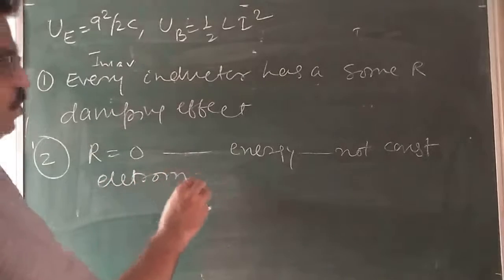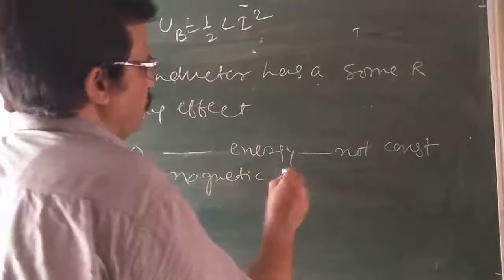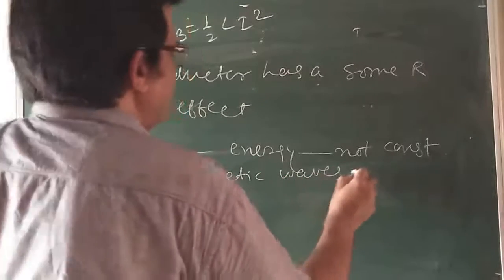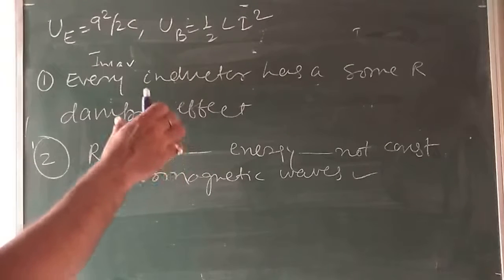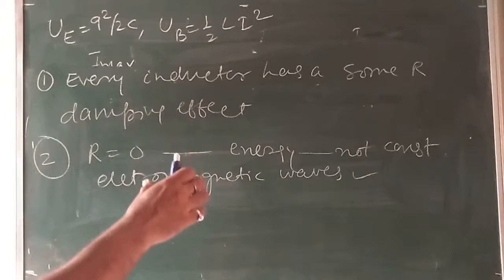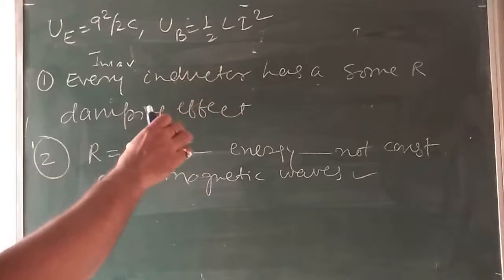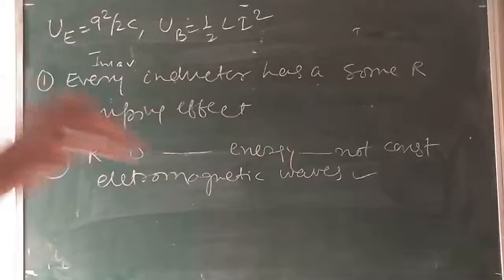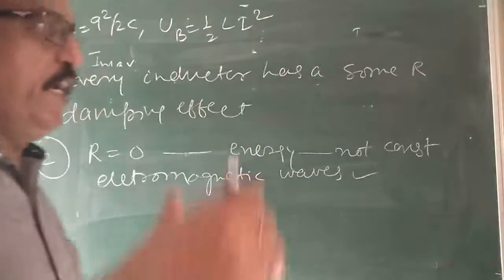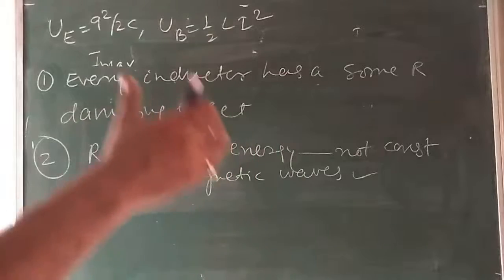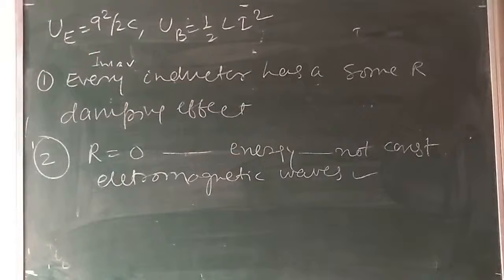It is clear? In fact, radio and TV transmitters depend on this radiation. So I can say the amplitude of oscillation goes on decreasing, so they are called damped oscillations.